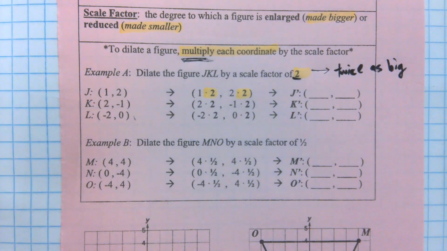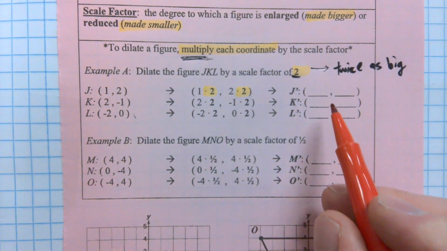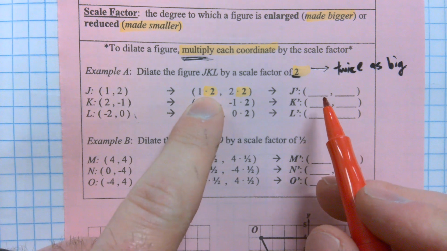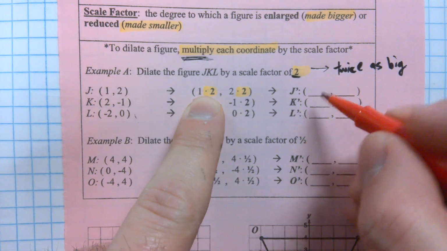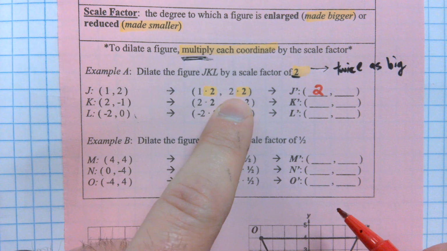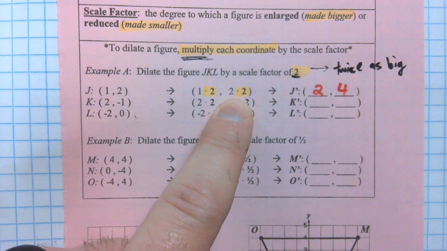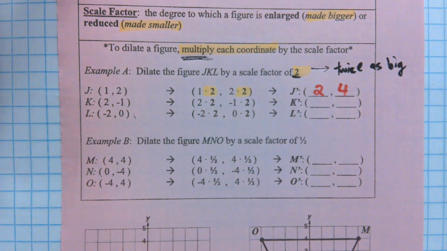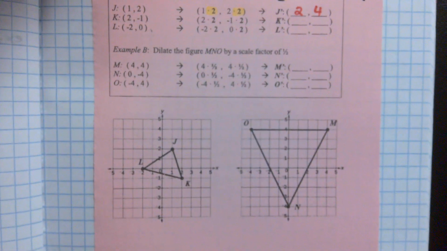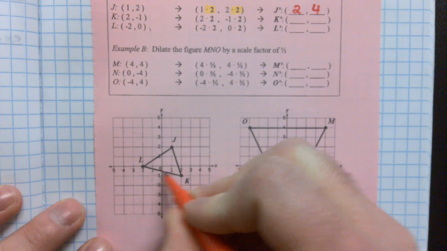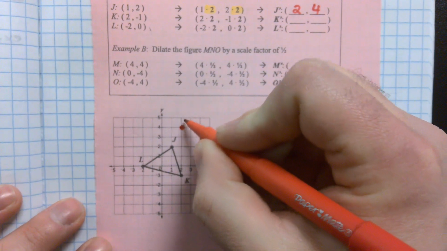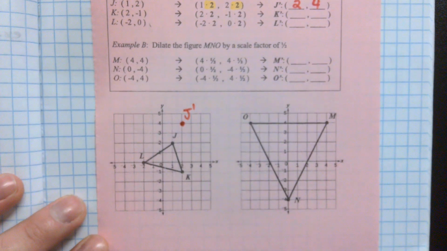What would my new x coordinate be for J prime then? If we're doing 1 times 2, what would we get? 2. And my y coordinate, if we're doing 2 times 2, what would we get? 4. Let's go ahead and plot J prime on our graph real quick at 2, 4. There's J prime.